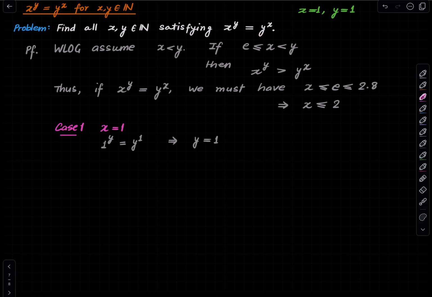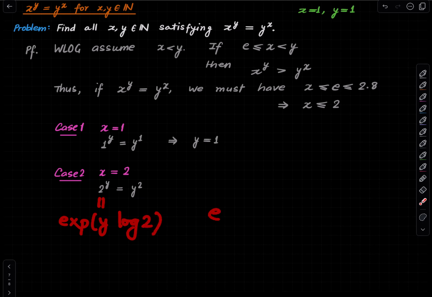And the other case is case 2, x is equal to 2. So we are trying to find out all the natural numbers y such that this holds. Now note that there cannot be too many solutions to this. Why? Because this is a very fast increasing function. What is this? This is the exponential of y log 2.